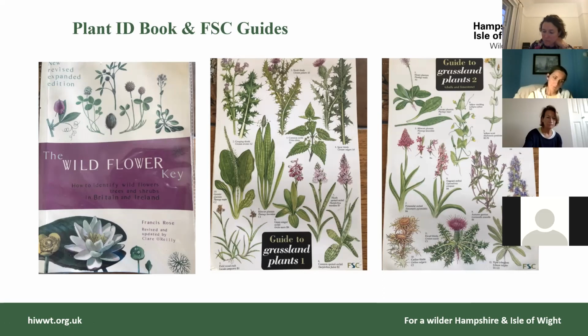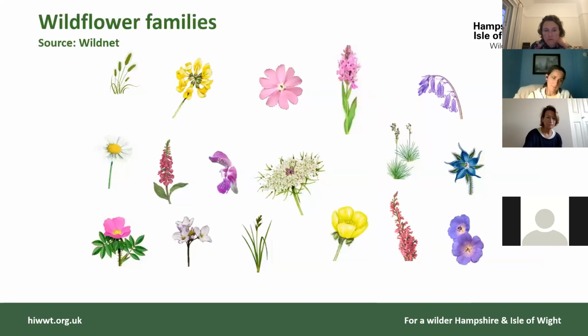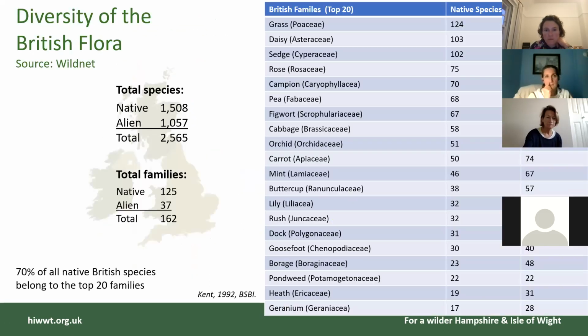Now, with wildflower ID, I always say to people, if they want to have a go at learning how to identify wildflowers, the best way is to try and learn a few of the common family groups. So if we have a look at these, you'll see here that actually 70% of all our native British species belong to these top 20 family groups.